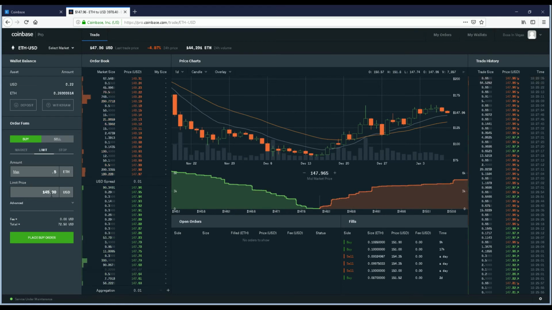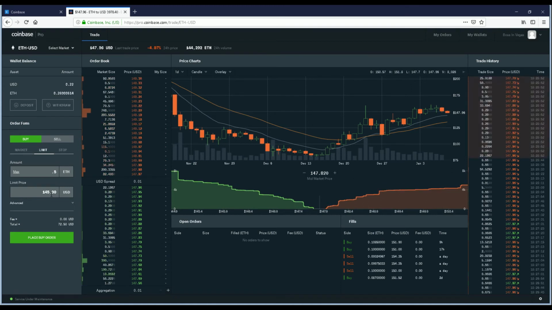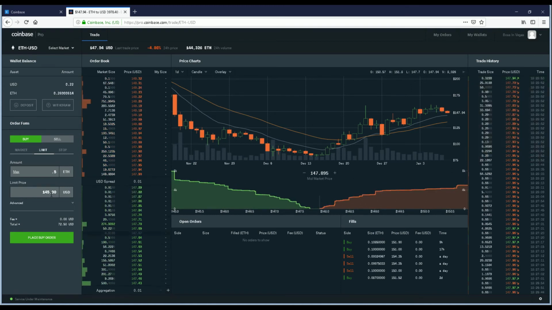Even if it drops 10%, it's not going to fluctuate more than 20% unless it's a big crash day or something like that. So let's say 10% of 150, so you're looking at 15.